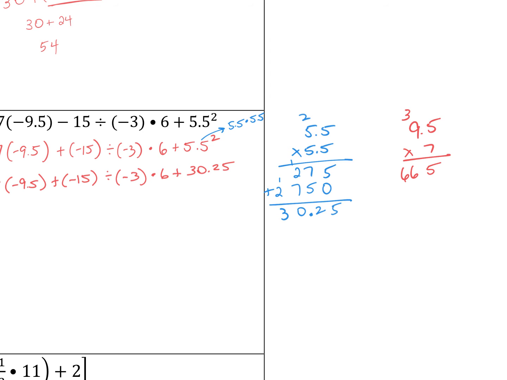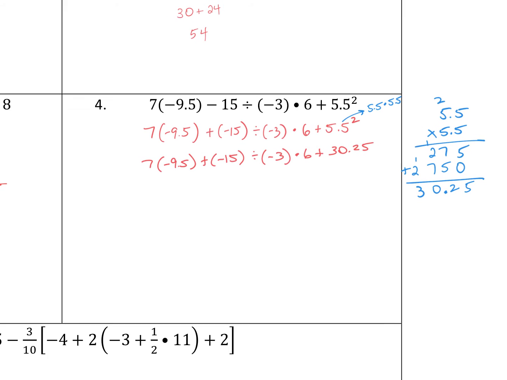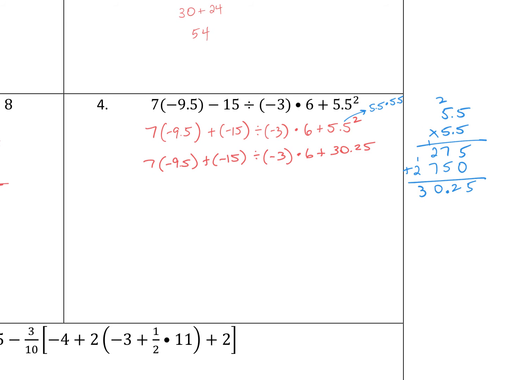Think of my decimal placement. I know 9 times 7 is about 63, so it makes sense to put the decimal after the 66. Now, because it is a positive times a negative, I know this is going to be negative 66.5.